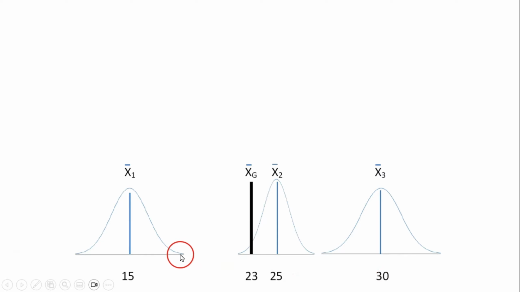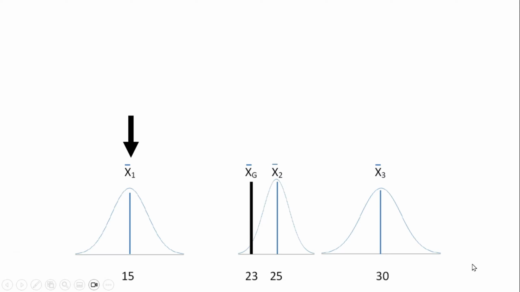You can also see that the distributions around each mean for the different groups are a little bit different. For example, this middle group here has a much narrower distribution than the other two groups. So its standard deviation would be lower or smaller.